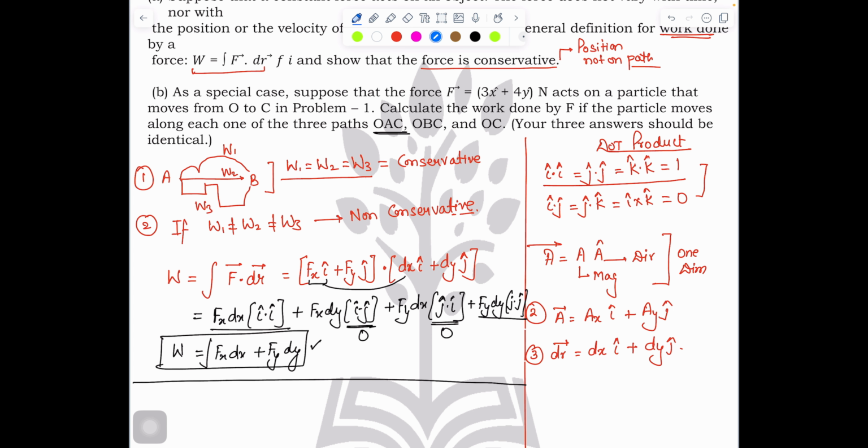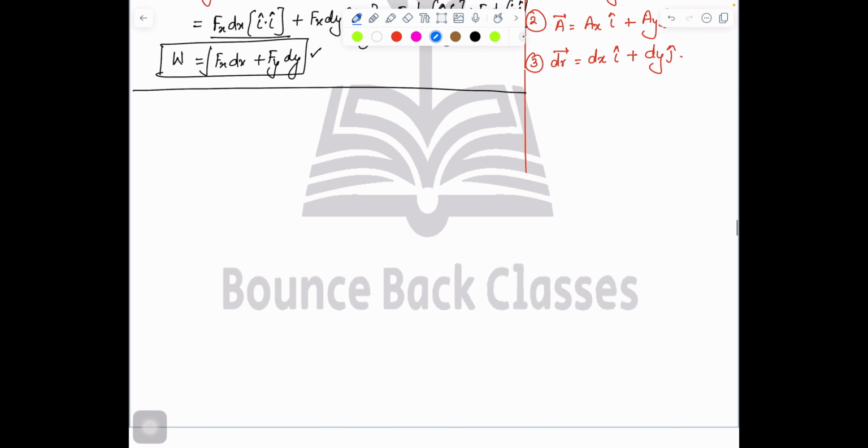Now take it one by one and your three answers should be identical. First thing, we should know how to calculate limits, because only then can we solve the question. This is your position.